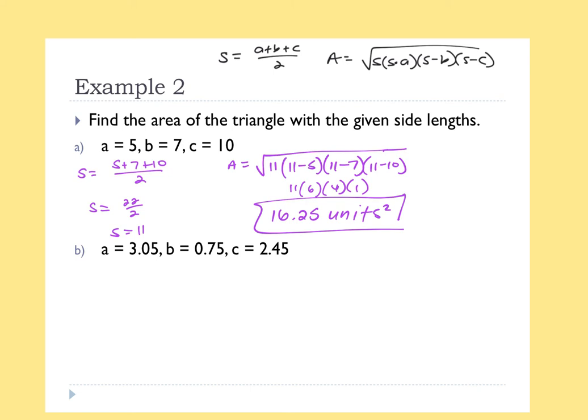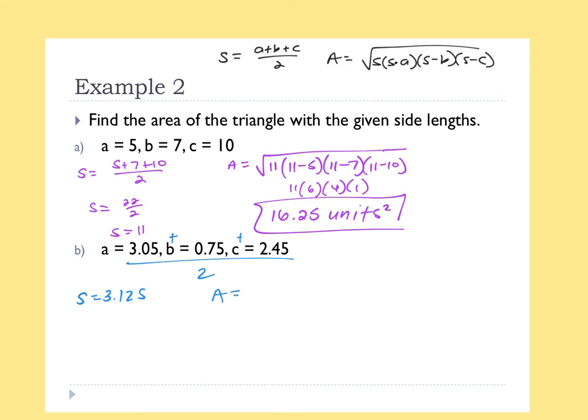All right, B is just a little bit more complicated because it involves the decimals. So I would add these 3, divide by 2: 3.05 plus 0.75 plus 2.45 divided by 2. And S is 3.125.